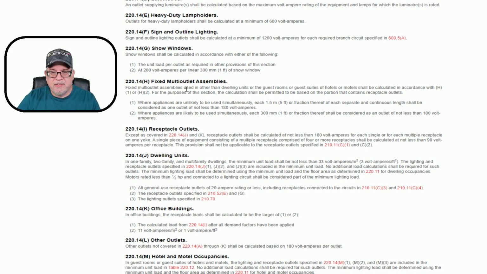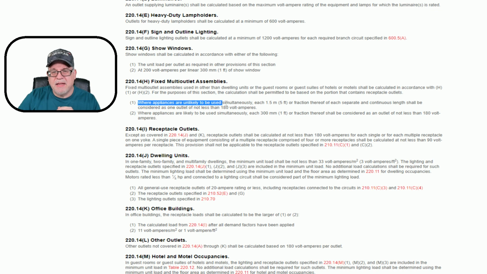All right, so let's see what we've got to do here. Number 1, it says where appliances are unlikely to be used simultaneously. Remember, our 260 feet was not simultaneous use. I think the 60 feet was simultaneous use. So we're dealing with that 260 feet.